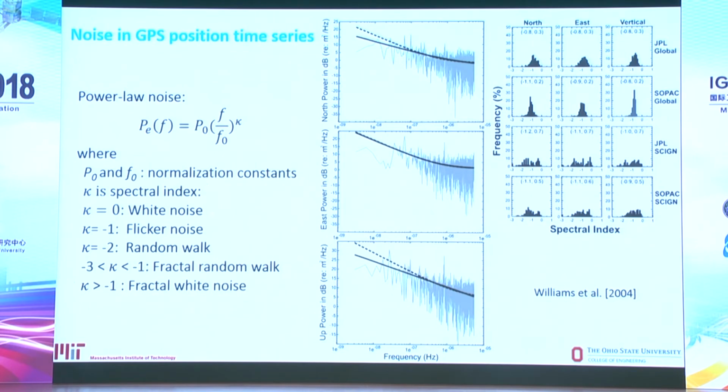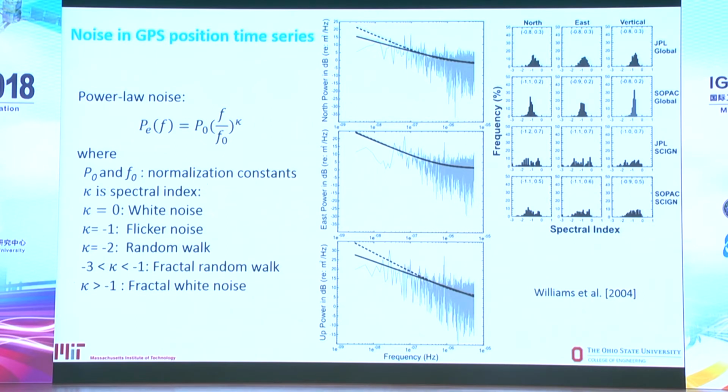Williams et al. in 2004 did a very comprehensive analysis of the GPS time series from about 1,000 globally distributed GPS sites, and they calculated the average power spectrum for the noise. This figure shows the average power spectrum in the three directions.